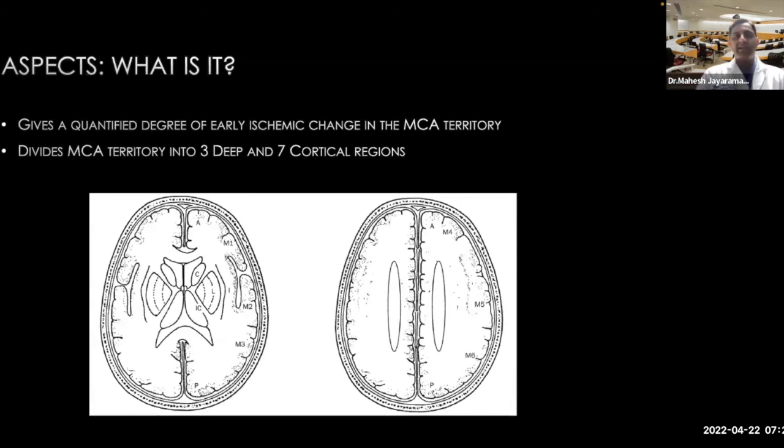We divide the MCA territory into 3 deep regions, the caudate, the internal capsule, and the lentiform nucleus, and 7 cortical regions, M1, 2, and 3, the insular ribbon, M4, 5, and 6. For any area that is abnormal with early ischemic changes, not chronic changes, we subtract a point. So the patient starts at 10, which is normal, and we subtract points as we go, down to as low as a 0.